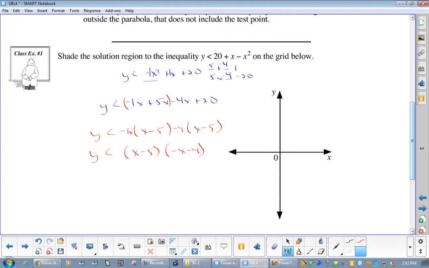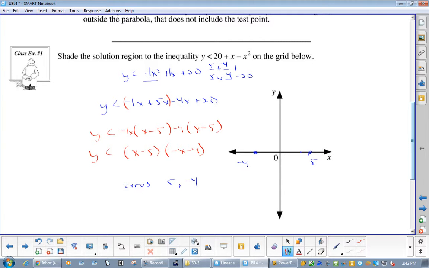Now, what are the zeros? Negative 5 and negative 4? Or 5? 5 and negative 4. So here is negative 4, and here is 5.